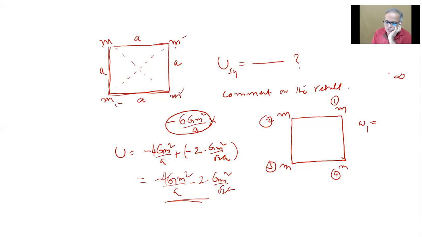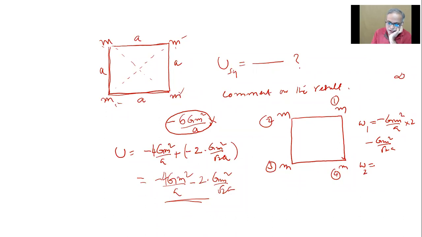So I'll throw the first one out. How much work will I do? Which is equal to the potential energy of this only. That is minus gm square by a, minus gm square by a, minus gm square by root 2a work I'll do. Though this has gone, now I'll throw this out.